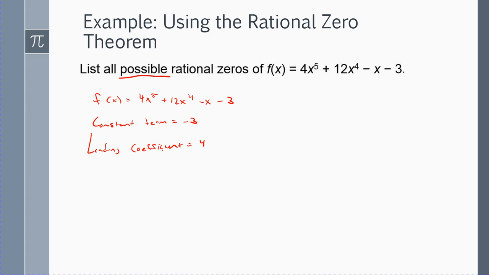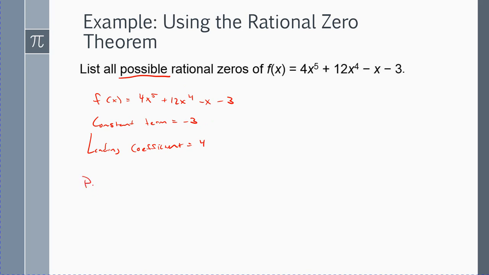That doesn't mean that every single one of the possibilities is a rational zero. All it's saying is, if it has a rational zero, an x-intercept, what could the possibilities be? It'd be a number from this list.